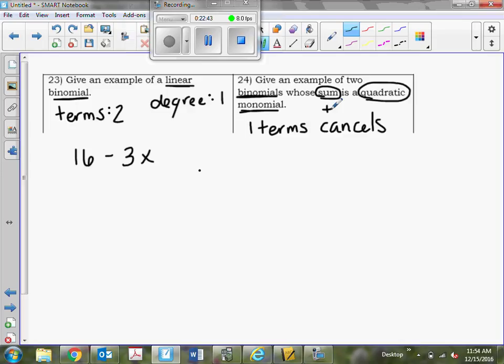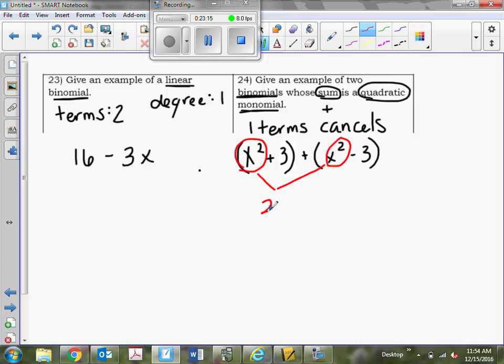So an example of 2 binomials whose sum is a quadratic monomial could be something like x squared plus 3 plus x squared minus 3. Now this is why. Let's check it. If we combine our like terms, we should see that x squared and x squared will combine to being 2x squared.